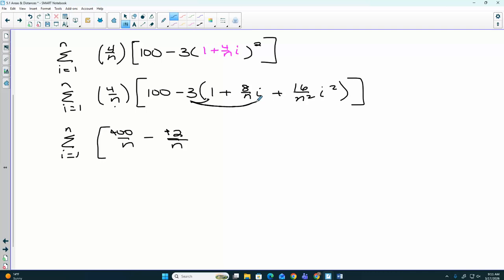This would be negative 24 over n i times 4 over n, so negative 96 over n squared i. Okay, negative 3 times 16, so negative 48. And then we also have to multiply by our 4 over n, so I get 192. n times n squared would be n cubed.